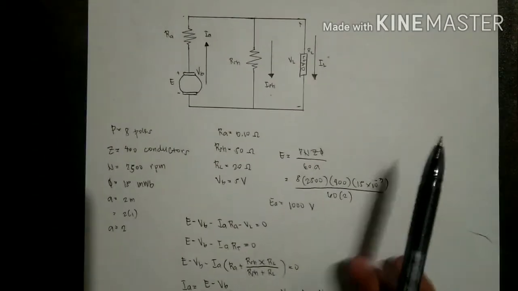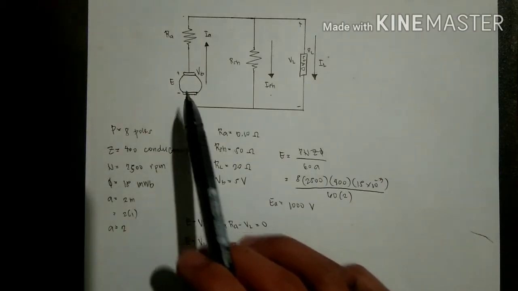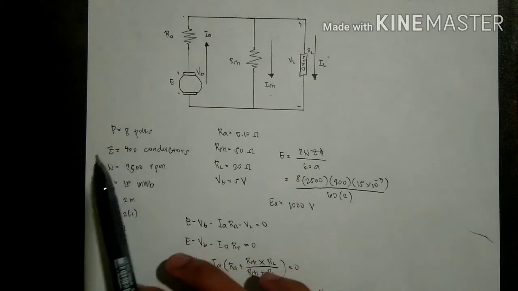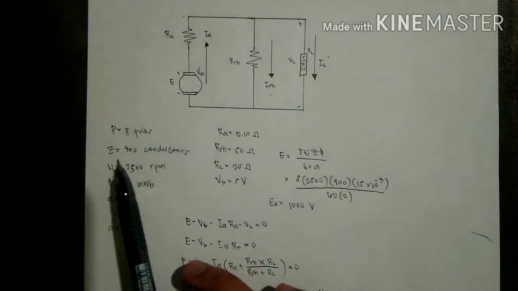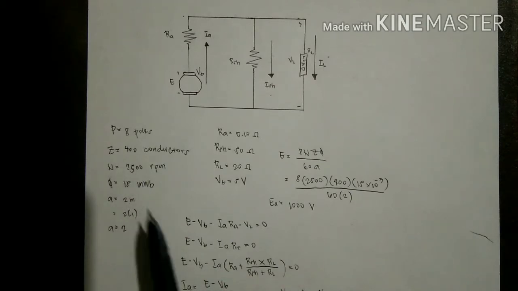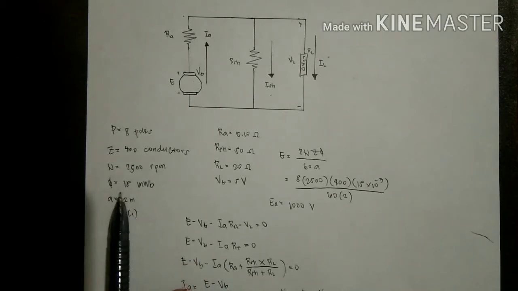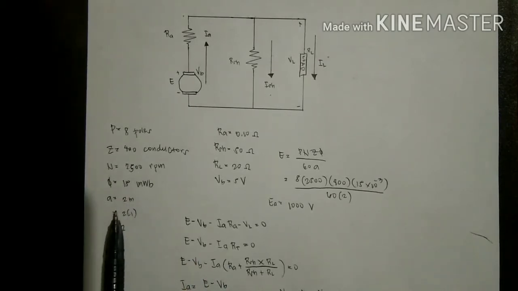First, these are the given parameters. In the armature there are 8 poles, 400 conductors, and a speed of 2500 rpm. The flux per pole is 15 milliweber, and since the armature current path is wave, the formula is 2m.